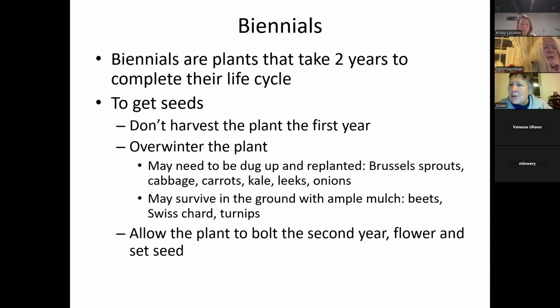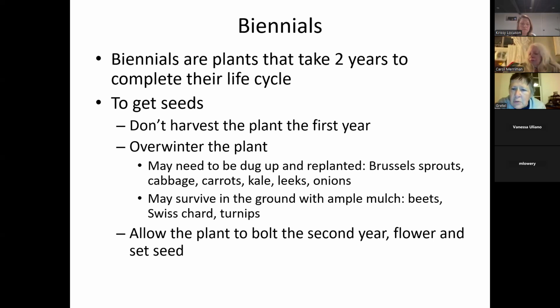Now let's talk about actually how to save seeds. Almost. One last thing is there are some plants, particularly vegetable plants, that we've never seen bloom because they're biennials, which is to say, they don't make seeds until their second year, and we eat them the first year.